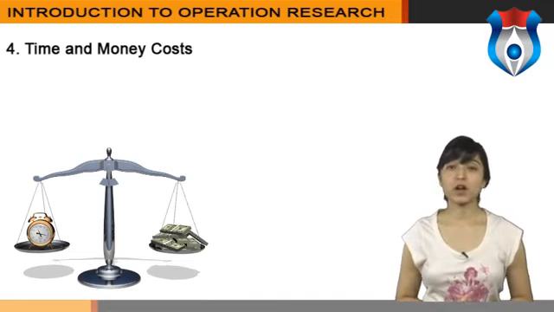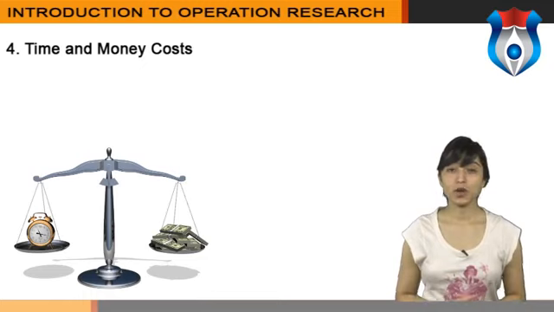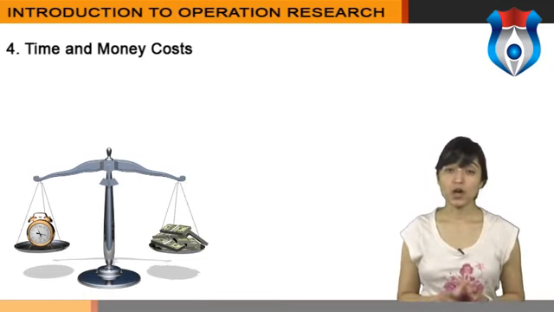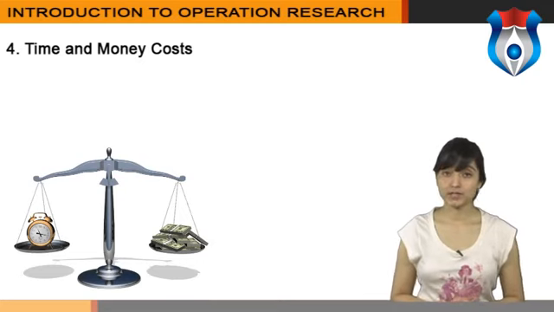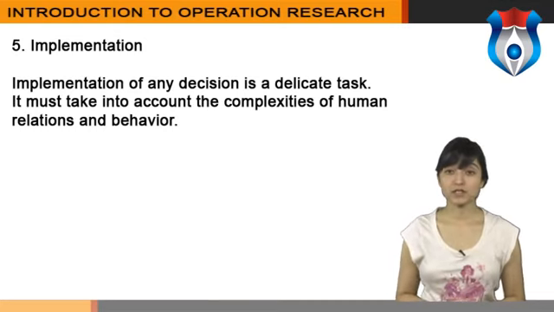When basic data are subjected to frequent changes, incorporating them into the OR models is a costly proposition. Moreover, a fairly good solution at present may be more desirable than a perfect OR solution available after some time. Implementation. Implementation of any decision is a delicate task. It must take into account the complexities of human relations and behavior.